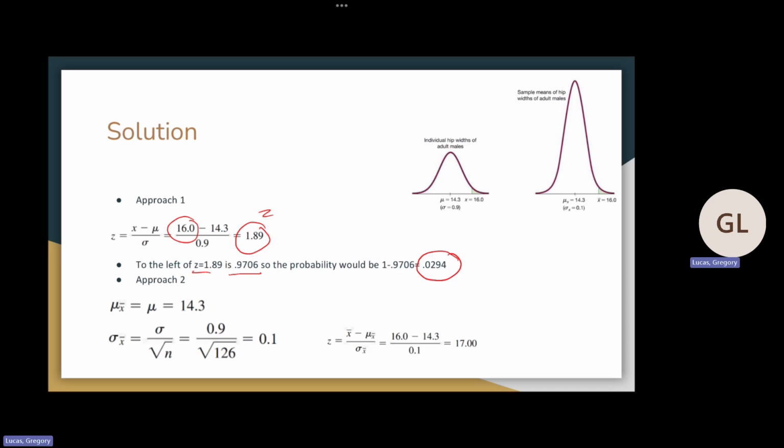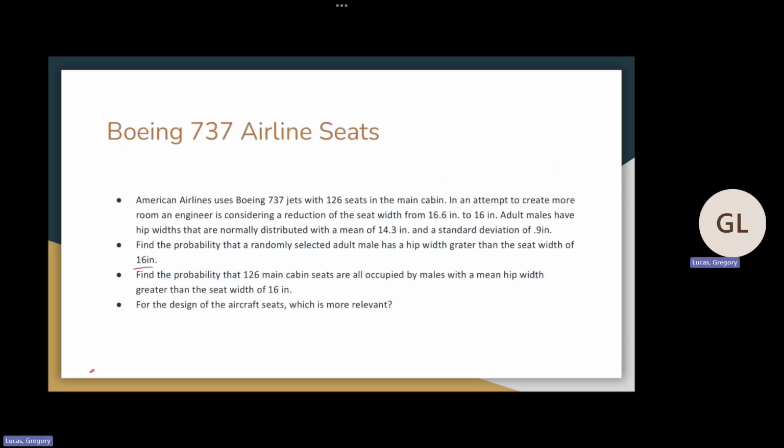If we use the second approach, let's go back to the question. We want to find the probability that 126 main cabin seats are occupied by males with a mean. So mean is the big important part here, to know that we have to use our other equation.